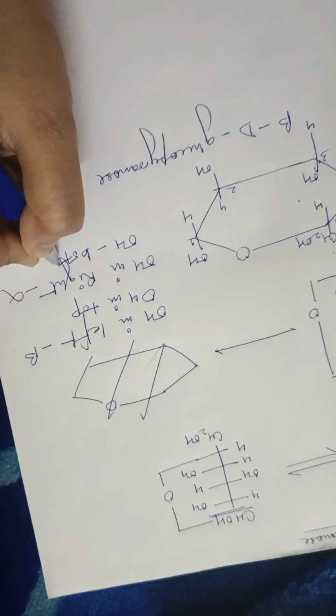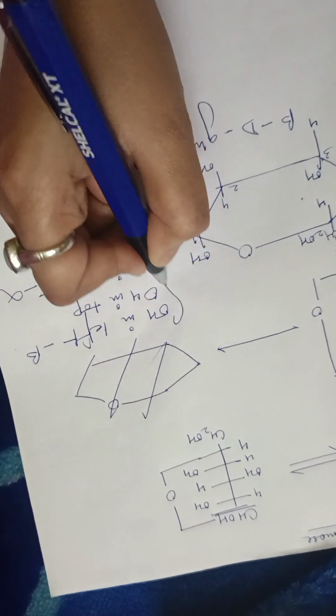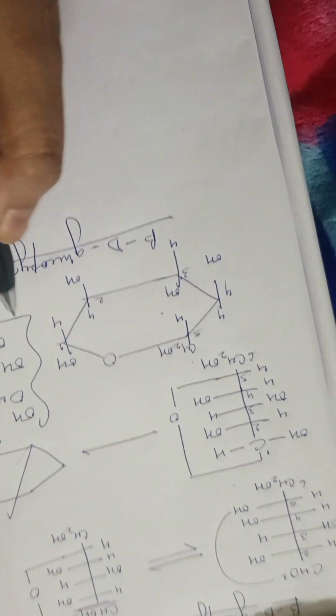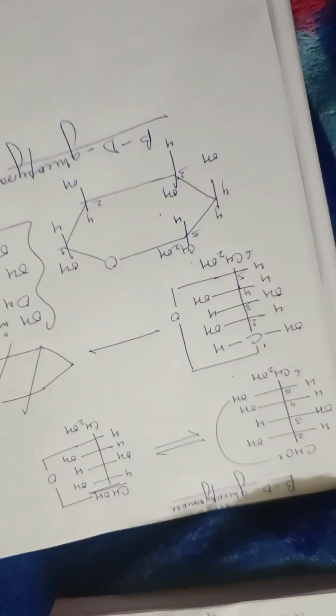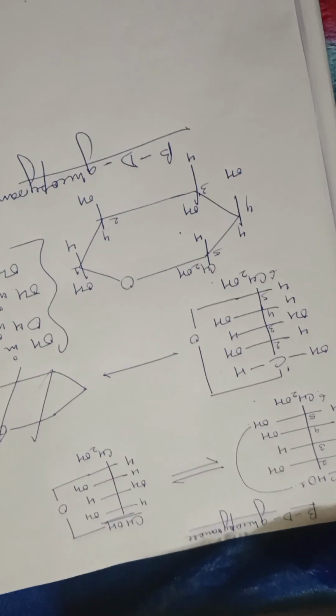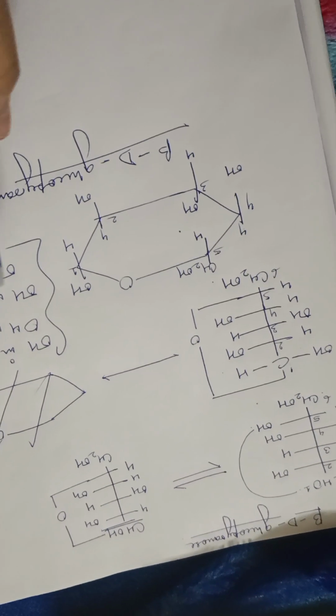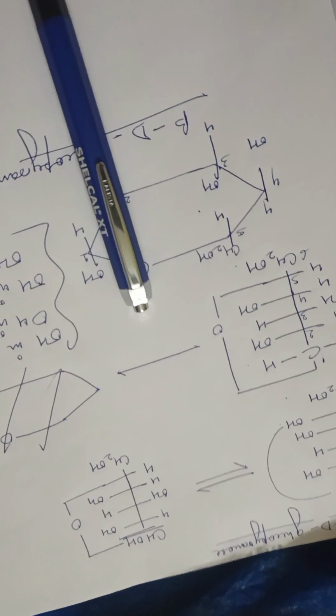This is your conclusion. Understood? So this way you can go on with beta and alpha pyranose structures. I hope you have understood how to do it. Next we'll practice one more structure in the next class. Thank you.